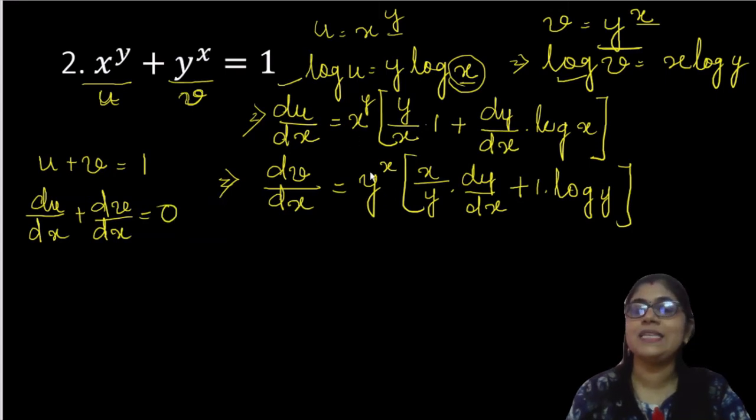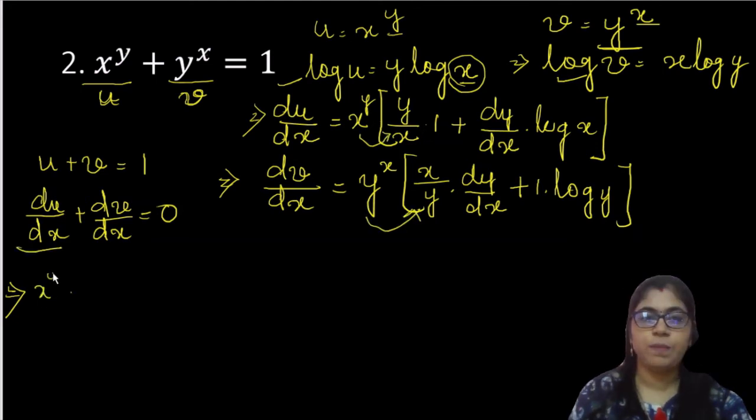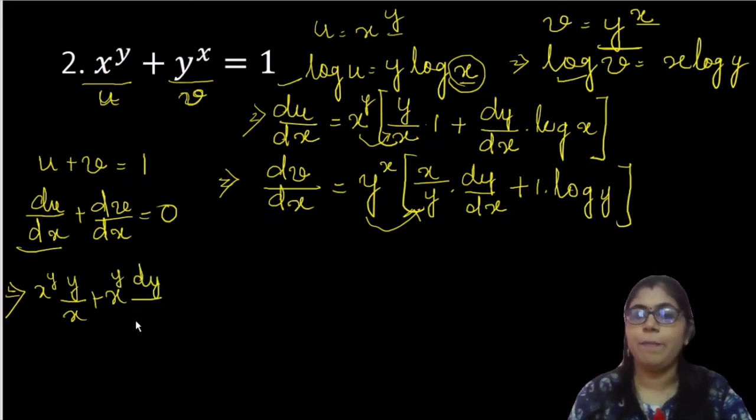So what is du by dx and dv by dx? This implies that x to the power y, or if you bring x to the power y inside this, what will we get? x to the power y into y by x plus x to the power y dy by dx into log x.